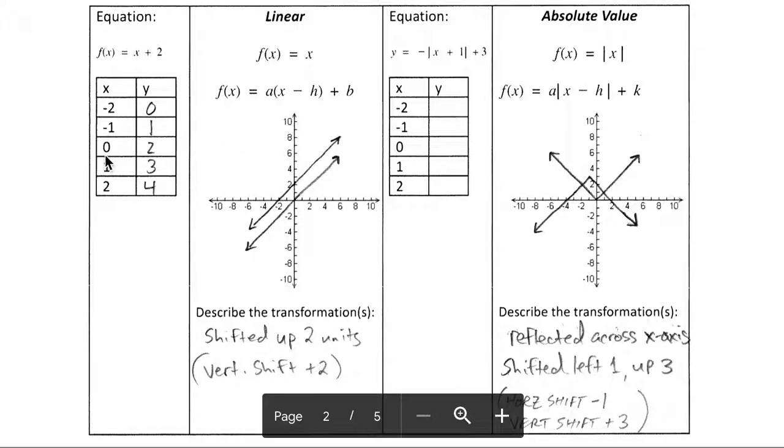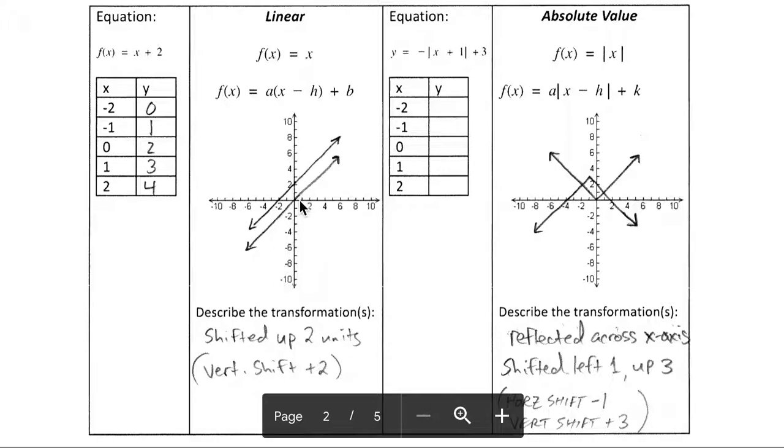Sometimes we don't necessarily know how to draw the graph, so we could fill in a data table to do that. If I plug negative 2 into this function, I get 0 out. So I know that negative 2 comma 0 is a point on our graph right here. And we can fill in the rest of that table, plot those points, and then connect it to draw the graph. Although hopefully we already know how to draw a linear function.